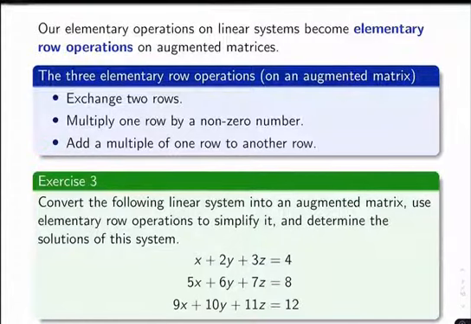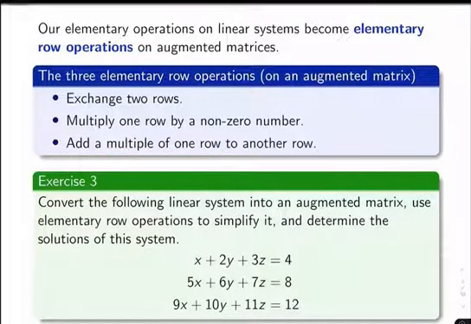So here, I was going to say that I should have put a non-zero number, but adding a zero multiple of one row to another row would just be not doing anything. So that is okay also.